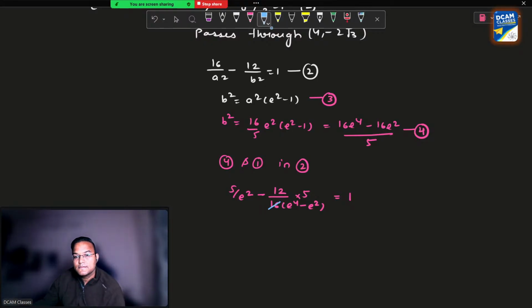Hmm. We have to expand it, no other way. 5 by e square. अच्छा, e square I can take this side.